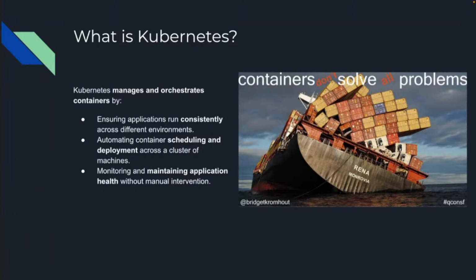It's basically an orchestration tool, a smart way to run containers somewhere, and continuously make sure that your container is running. You can schedule deployments and manage application monitoring without any manual intervention.